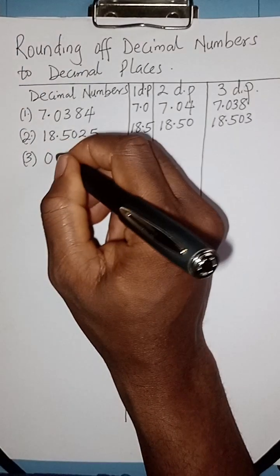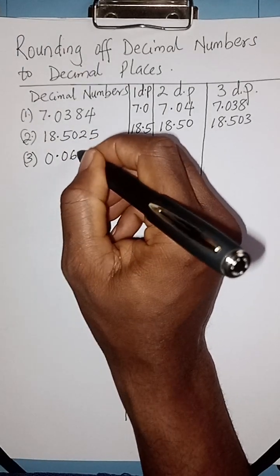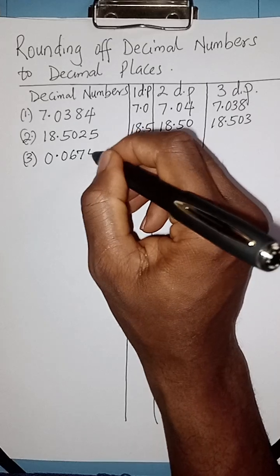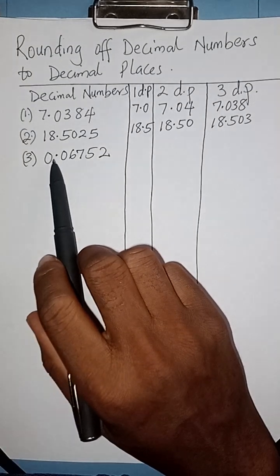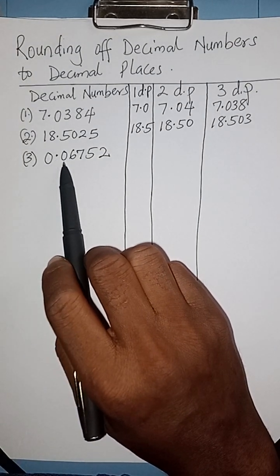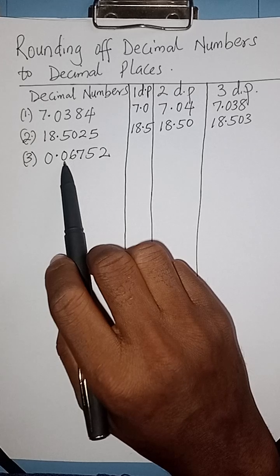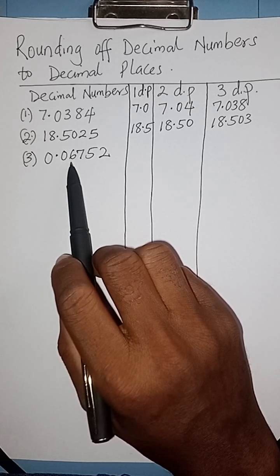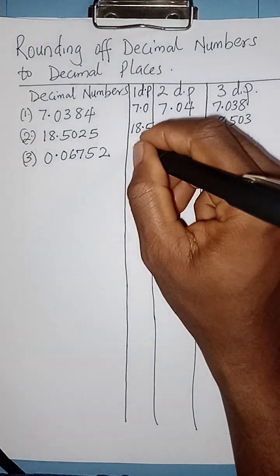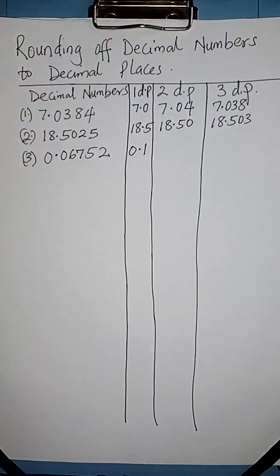I have 0.06752. Now the question says round this to one decimal place. My answer will just simply be 0.0. But before I write this 0, I had to check the digit after the 0, which is 6. And so because it is 6, I'm going to round up by adding 1 to the 0, so it becomes 0.1.